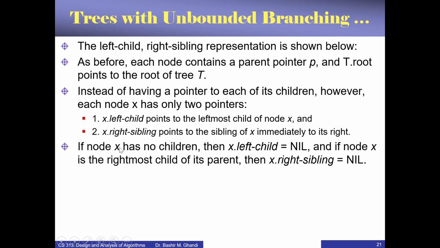If the node X has no children at all, then its x.leftChild is going to be nil. And if node X is the rightmost child of its parent, then its right sibling, the x.rightSibling of that node, is going to be nil.